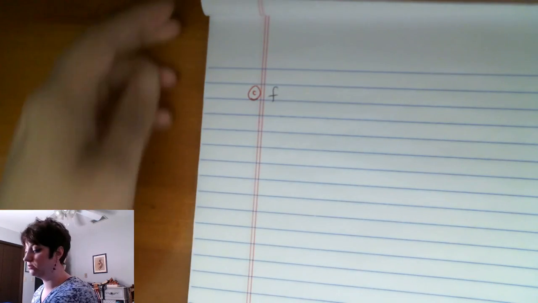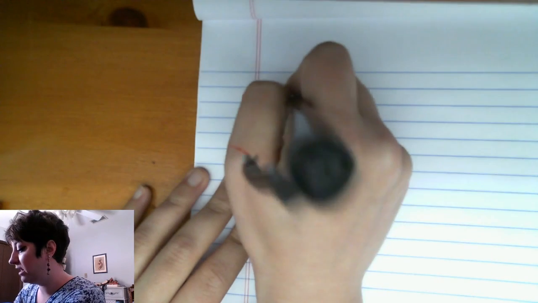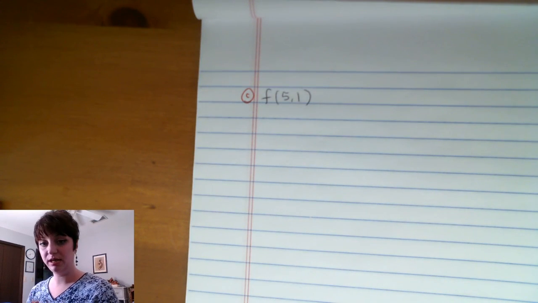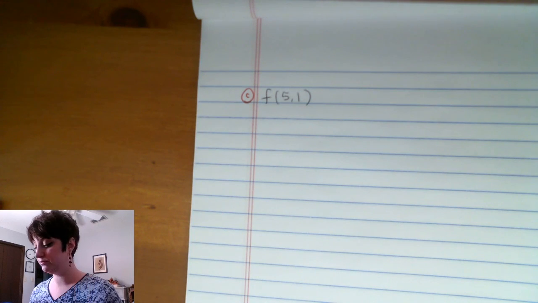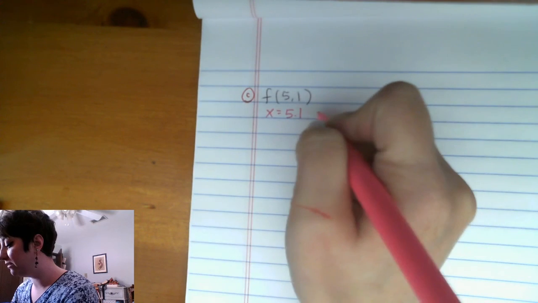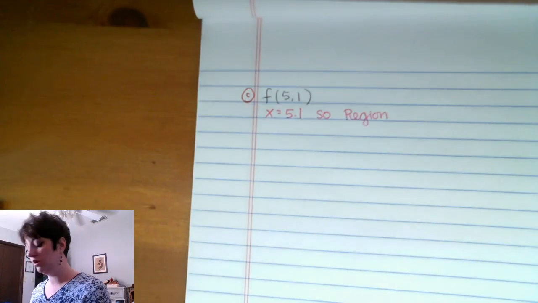Okay, so let's do another example. Let's do C. Let's do f of 5.1. So again, regions 1, 2, or 3. So here the x that I'm plugging in is 5.1. So what region are we going to want to use?